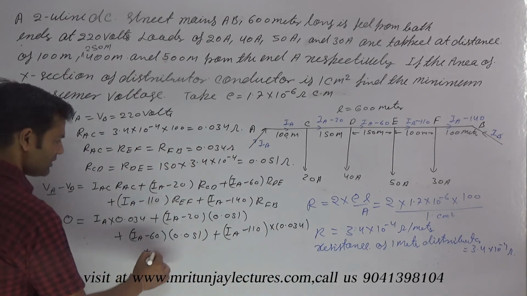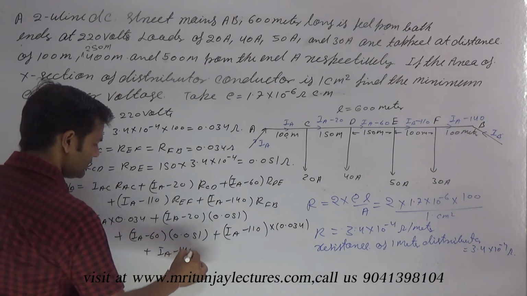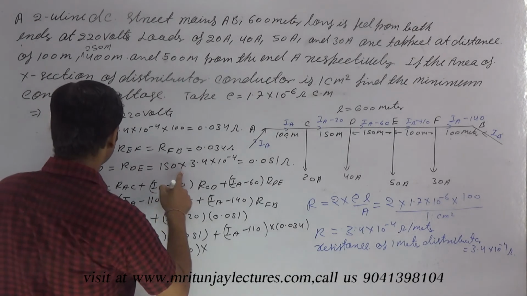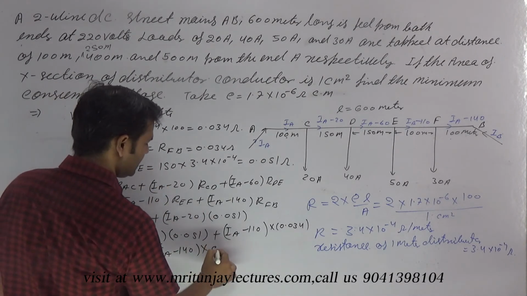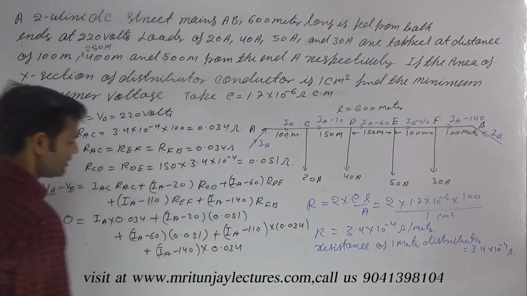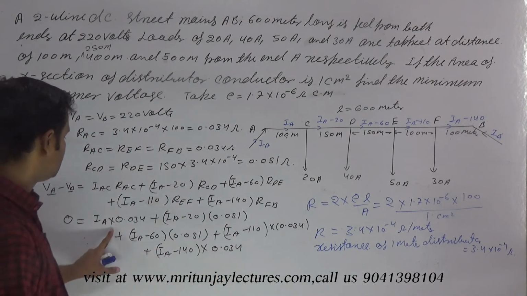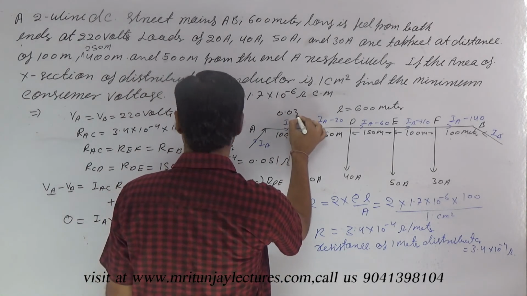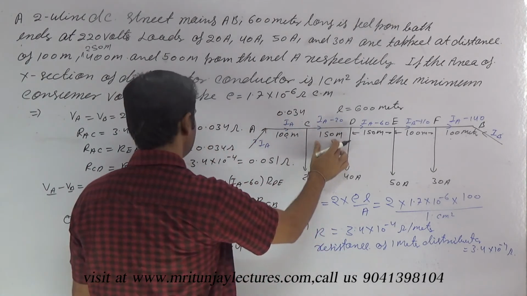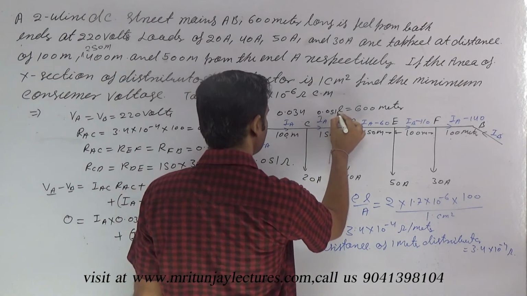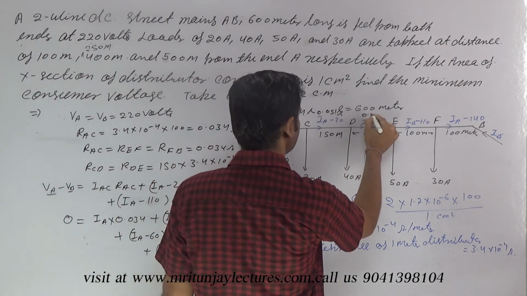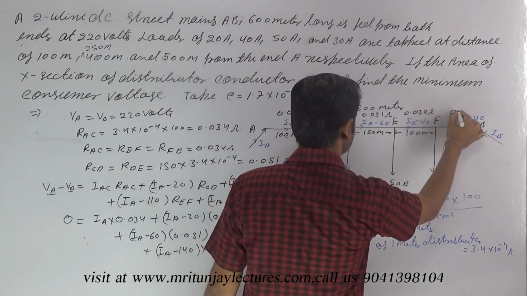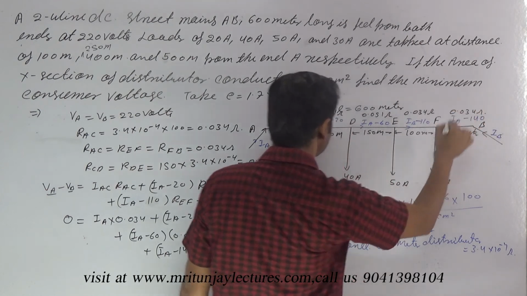Now IA minus 140 into FB is again 0.034. Clear? First of all, 0.034 ohm, and that is 0.051 ohm, and that is 0.051 ohm, and that is 0.034 ohm, and that is 0.034 ohm. Okay, clear?